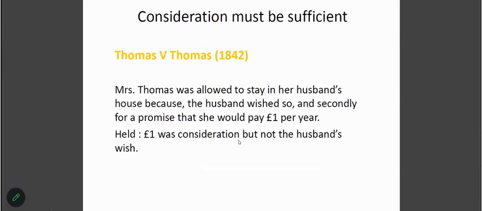But the £1 per year was the consideration, not the husband's wish. In other words, she only pays £1 per year, whether the husband agrees or not, she still pays the money of £1 per year. But the husband doesn't agree.